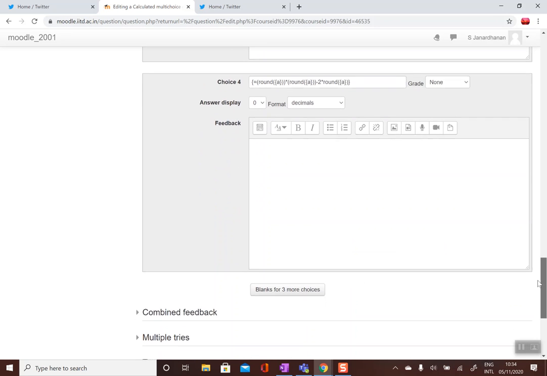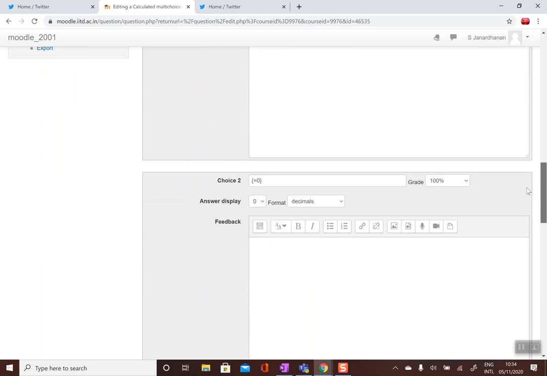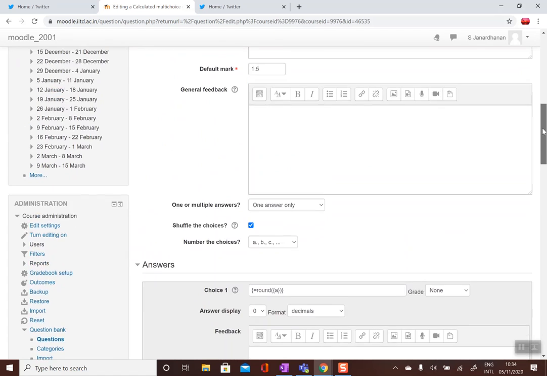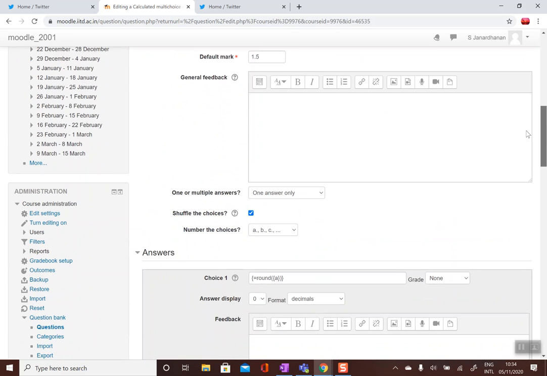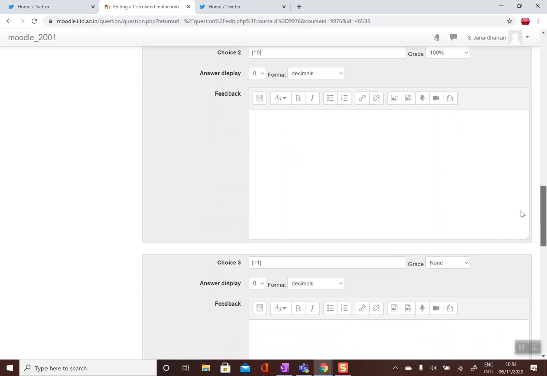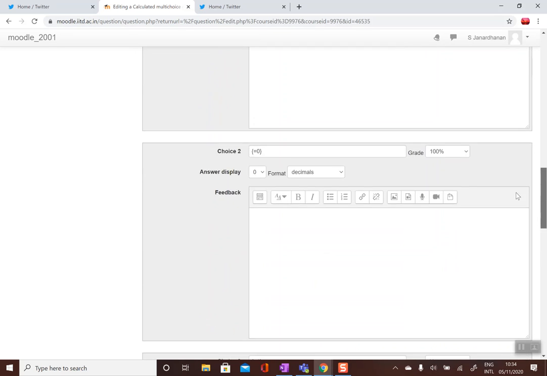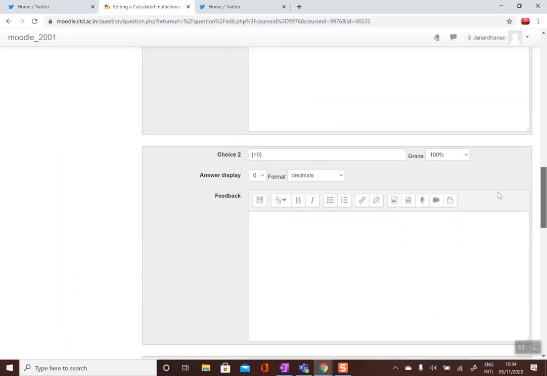However, there is a second trick. You'd see that all the answers that are dependent upon this variable are wrong. This is a deliberately formulated question where I have given a variable, but anything that is dependent on the variable is wrong. So the answer is 0 in this case.